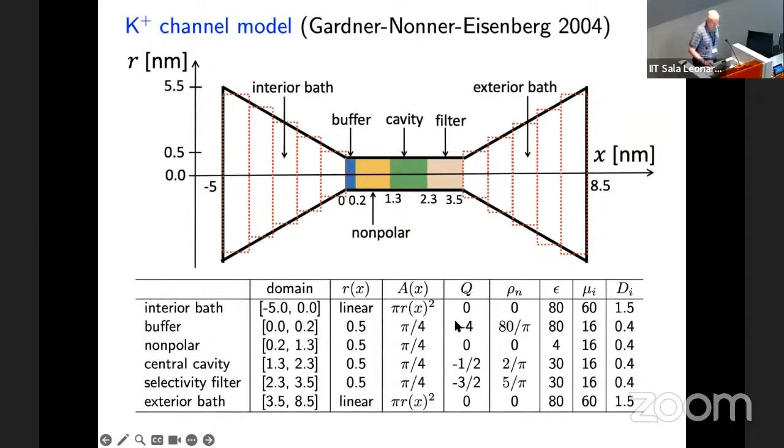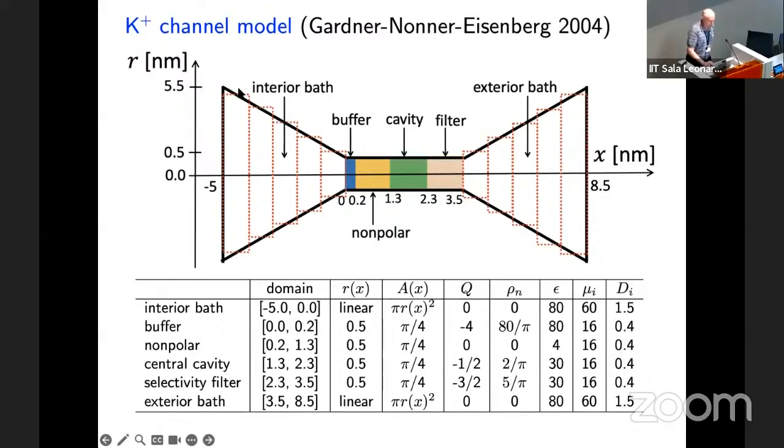In 3 of those domains, it's negative charge. This is the total negative charge. This is the charge density here. And dielectric constants, mobilities, diffusion coefficients.